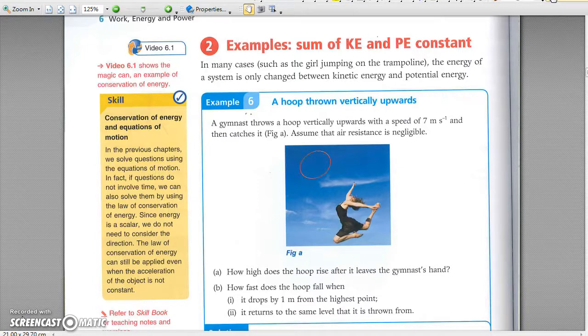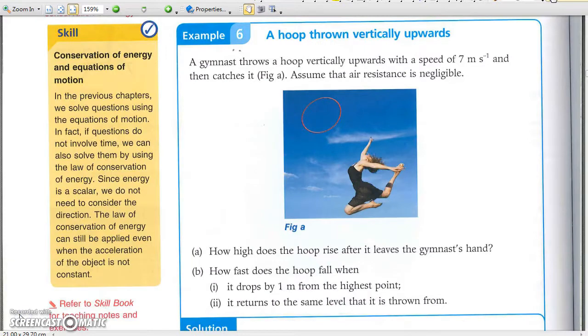Let's look at other examples to see how Ke and Gpe interchange. In example 6, a gymnast throws a hoop. The hoop starts with an upward velocity and hence a kinetic energy. Then the hoop rises until all its kinetic energy changes to Gpe.